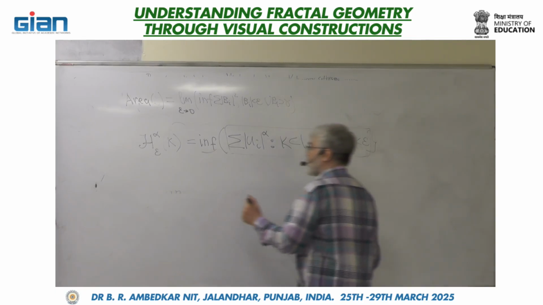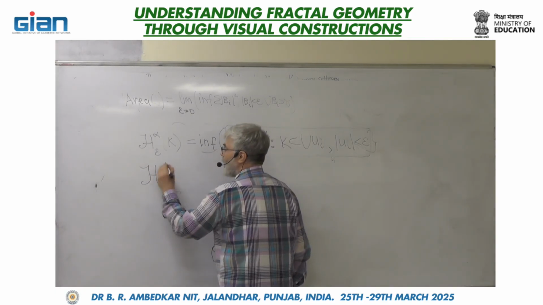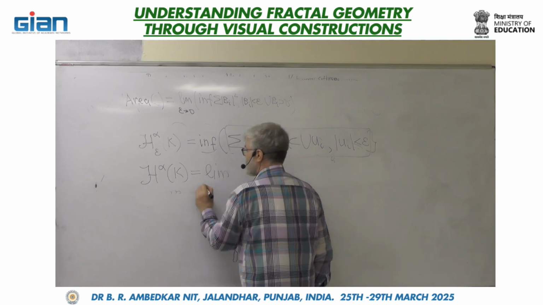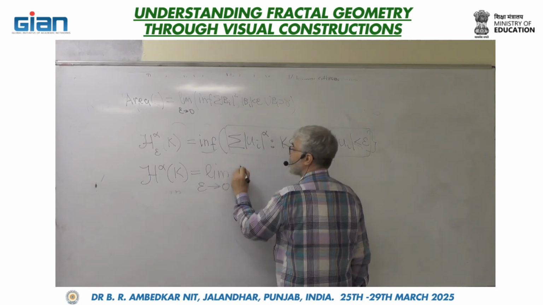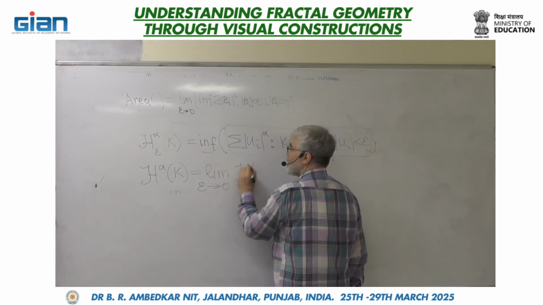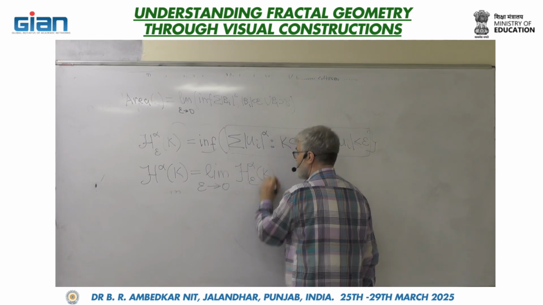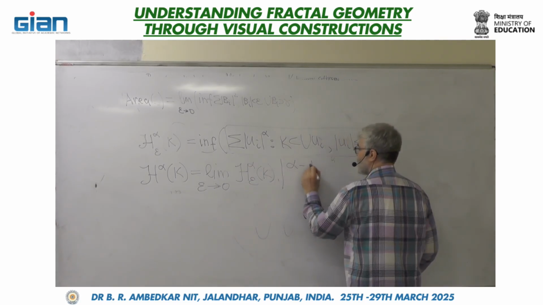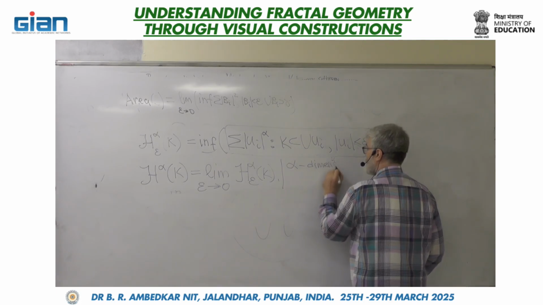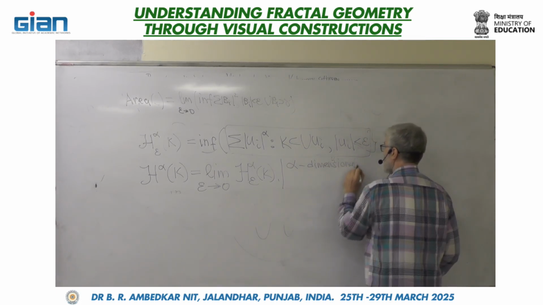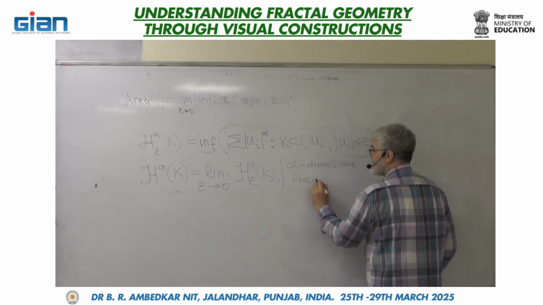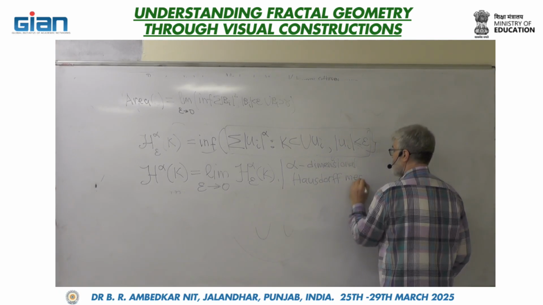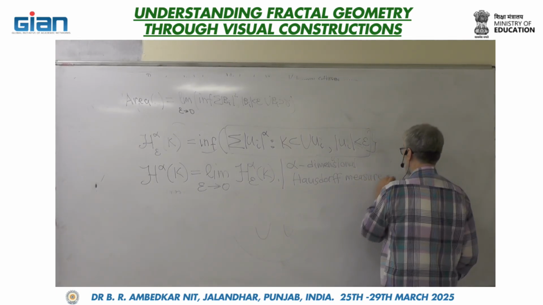And we take H alpha of K, which will be the limit as epsilon tends to 0 of H alpha epsilon of K. And it is called the alpha dimensional Hausdorff measure of K.